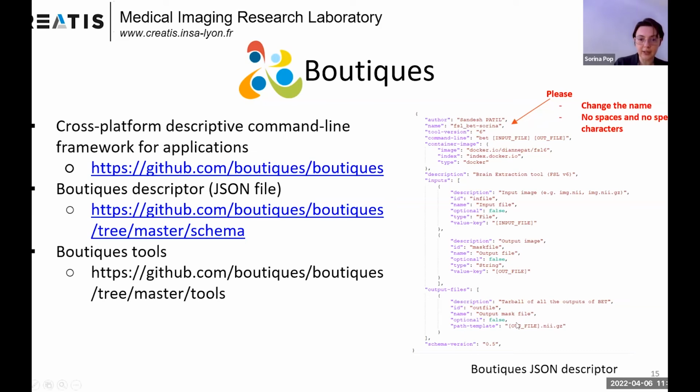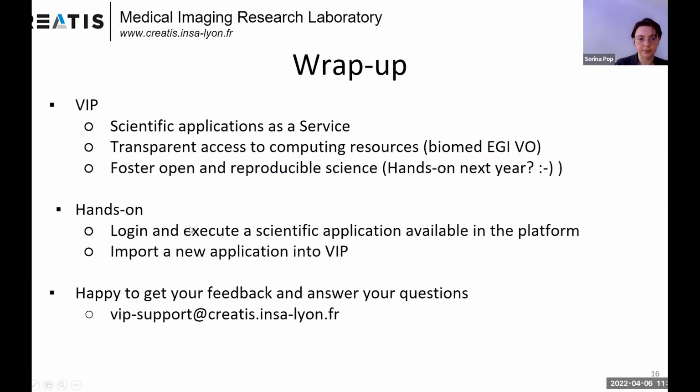Output files are the same: it's important to know so that VIP can retrieve them and make them available for download at the end. For the tutorial, we'll do very simple, basic things with JSON descriptors, but the Boutiques schema is very powerful, and you can find all the details at this address here.